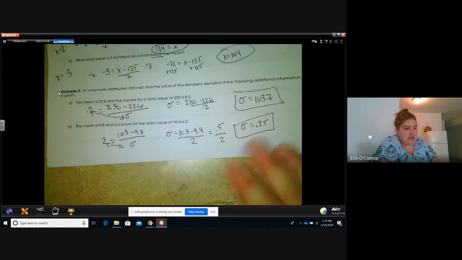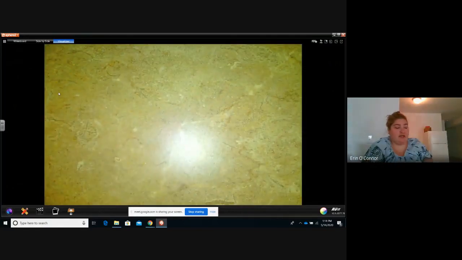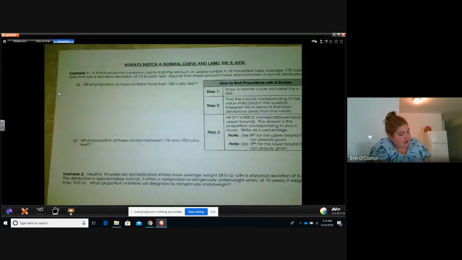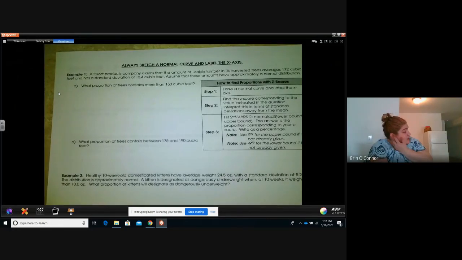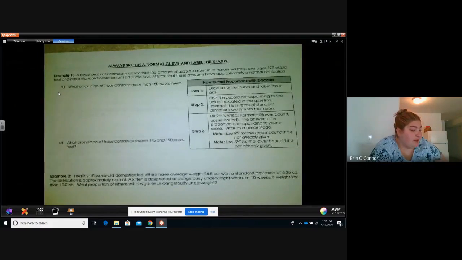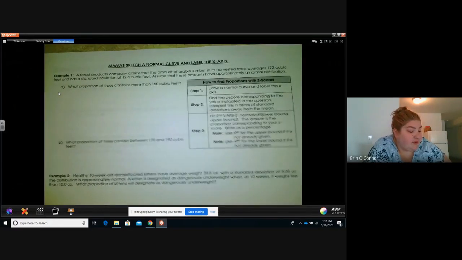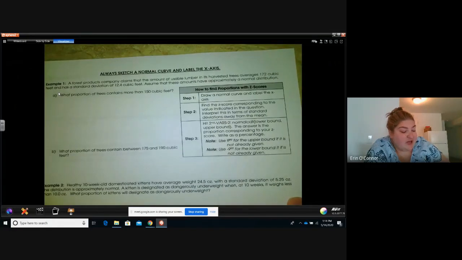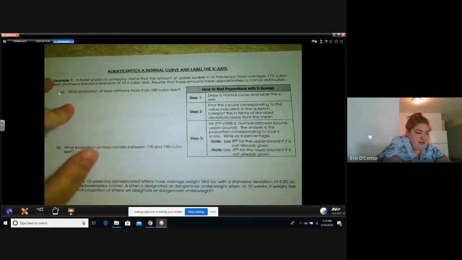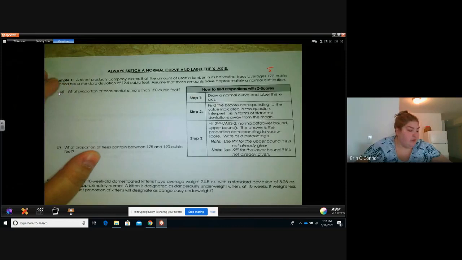Okay. Let's keep going. So for the next one, for like all of these, I really suggest sketching a normal curve and labeling the x-axis so you can see what's going on. So example 1, a forest products company claims that the amount of usable lumber in its harvested trees averages 172 cubic feet, averages meaning that is the mean, and has a standard deviation of 12.4 cubic feet.